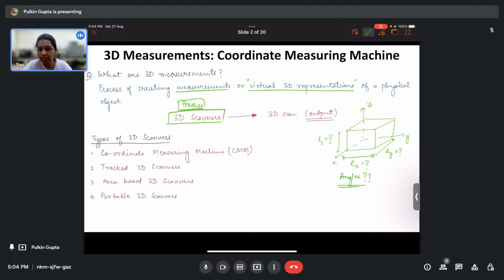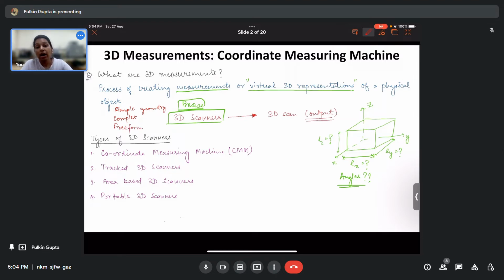Maybe it is having a simple geometry, a complex geometry, or even a free form geometry. So it can eventually give data for a simple geometry, complex geometry, or any kind of free form geometrical figure.